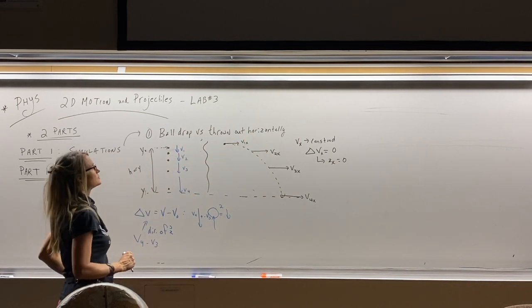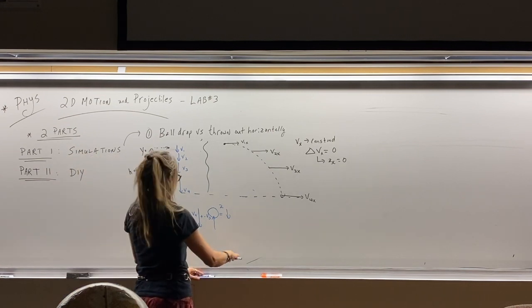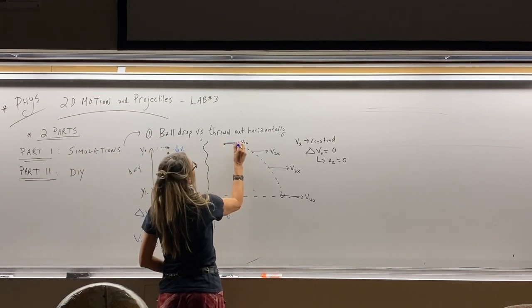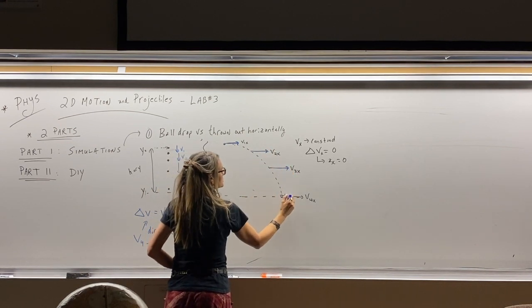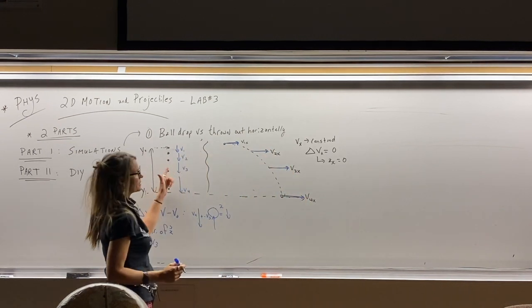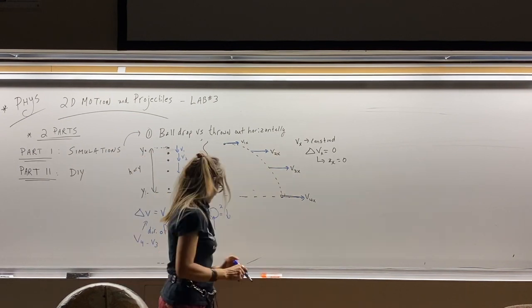So the horizontal motion is the same, but what's going to happen with, I'll highlight this in blue, the vertical motion, it's going to be exactly the same here. It's just going to be spread out horizontally.